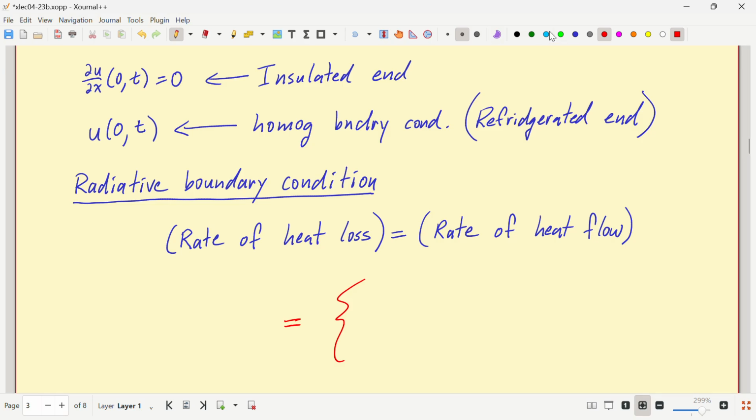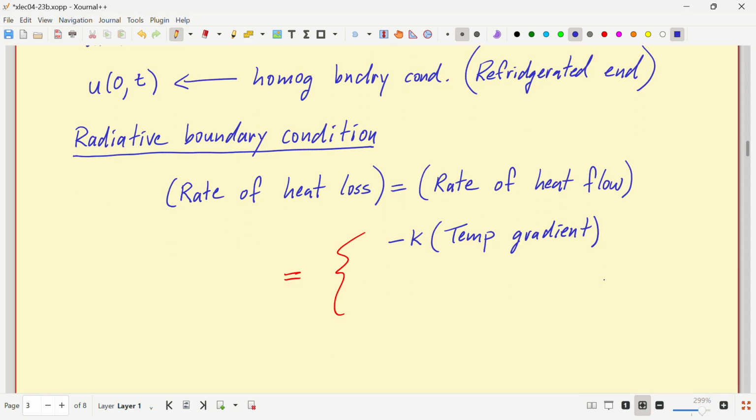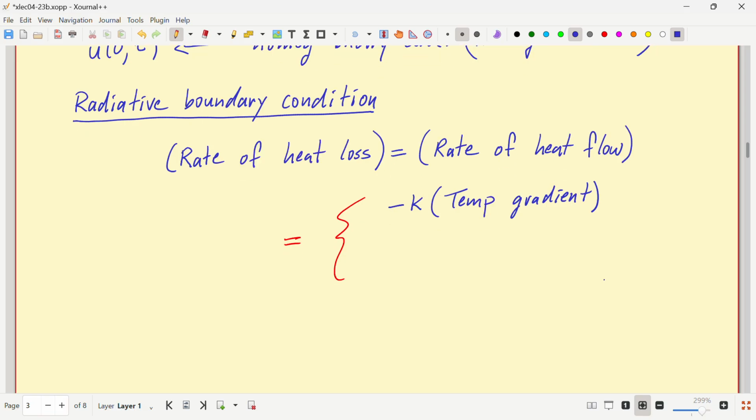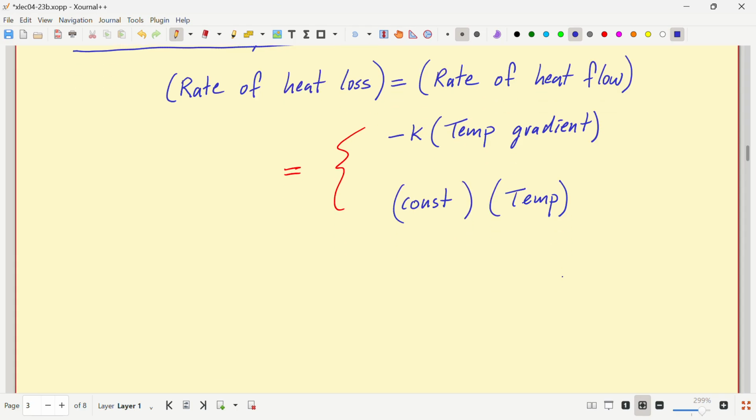We know that it's proportional to the temperature gradient, and we know it's a negative, so minus k times the temperature gradient. And if it's radiative, that means that the hotter it is, the faster it bleeds heat. And so it's also equal to a constant times the temperature. Okay, so those two things would be the same.